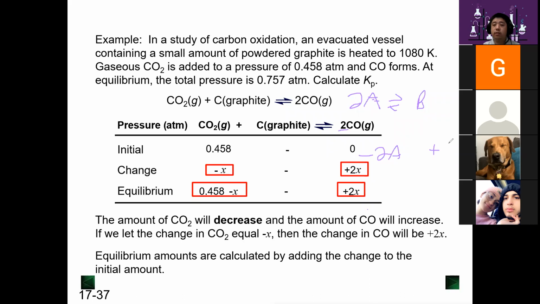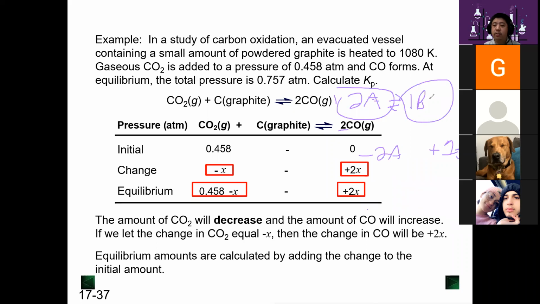So if you took away the 2 A's, you wouldn't have any B. If I use up 2 of the A's, what am I making? I would have 1 B. I'm using up 2 of these. I'm making 1 of these.